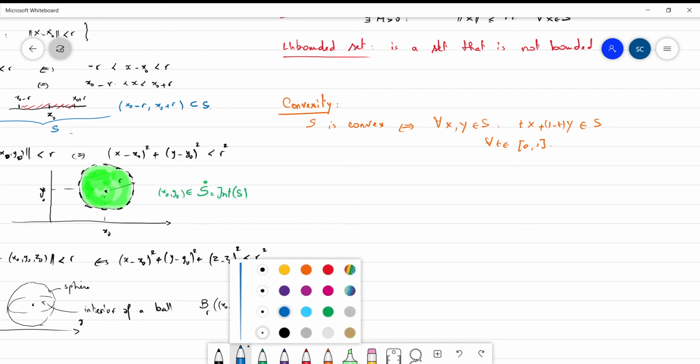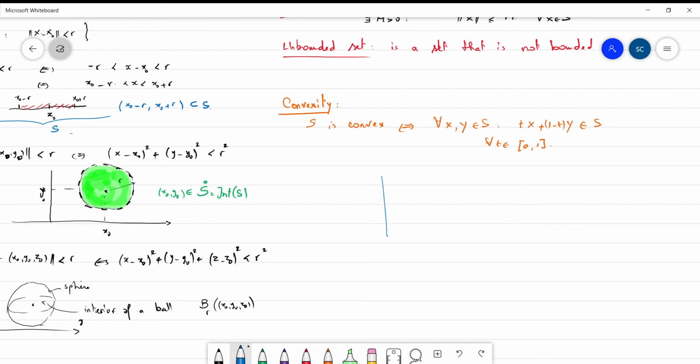For example, to see this property, if you are working in the plane and you have a circle. Okay, what about the circle? Circle S is the set of all points (x, y) such that, for example, (x minus 0) square plus (y minus 0) square equals r square, with radius r here.